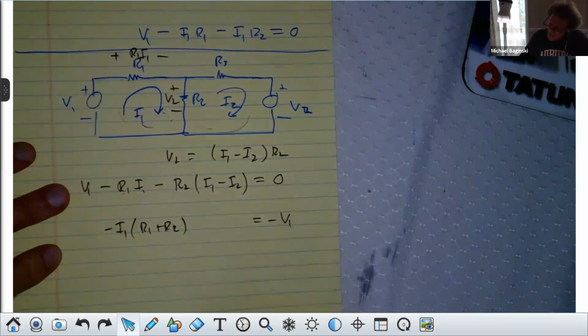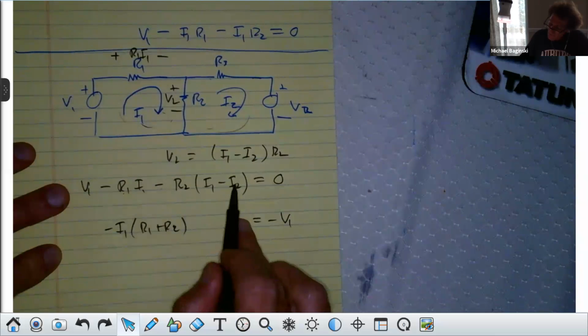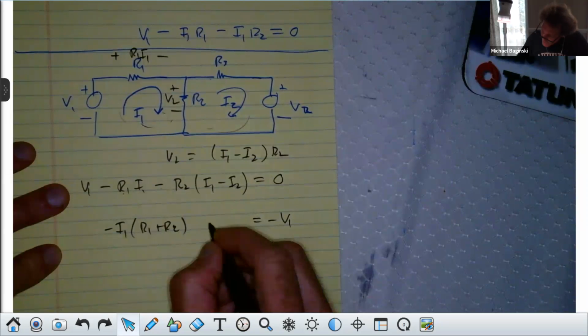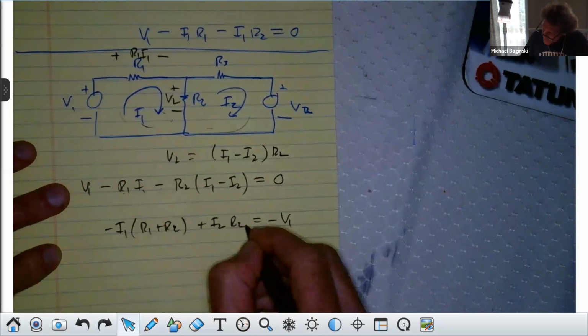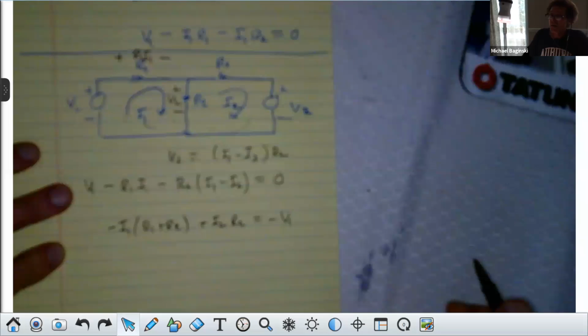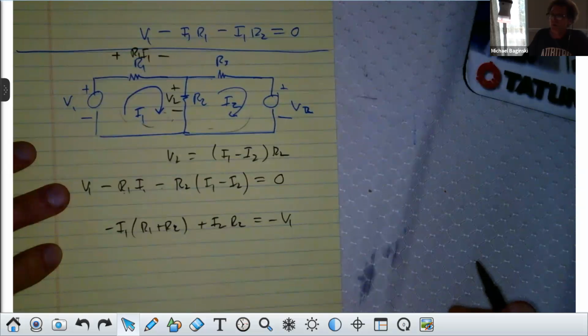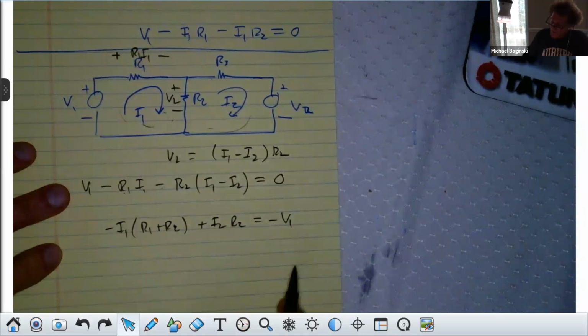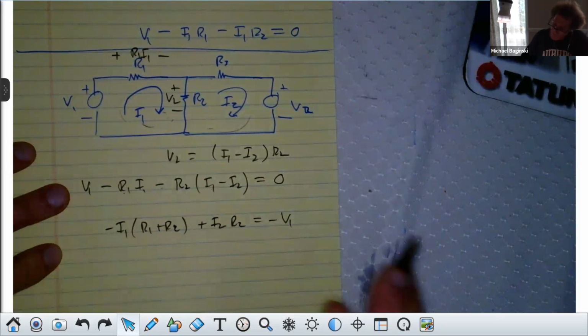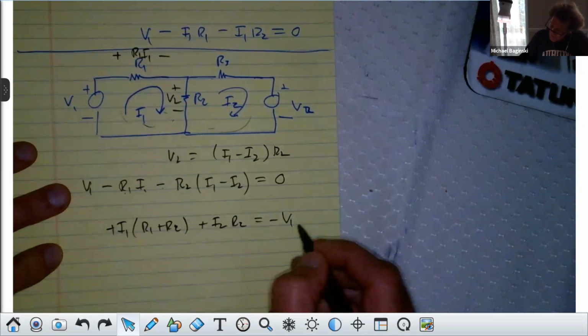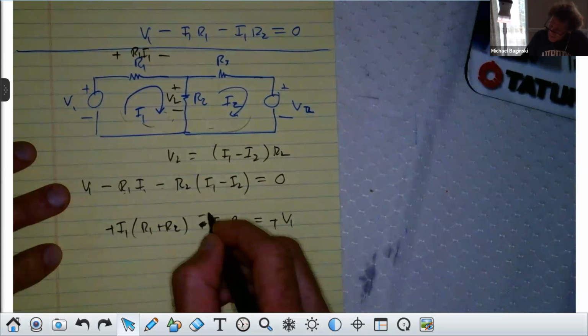All right, now, the second equation, I got a minus R2 times a minus I2. That's really plus I2 R2, right? And this is just Baginski's method. You don't have to do this. But if I see two minuses and one plus, I multiply both sides by a minus. Make that plus, scratch that, put a minus sign, and I circle mine.